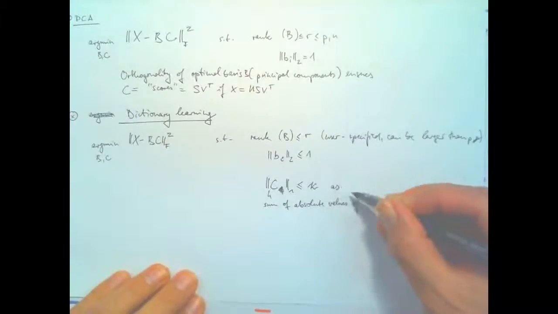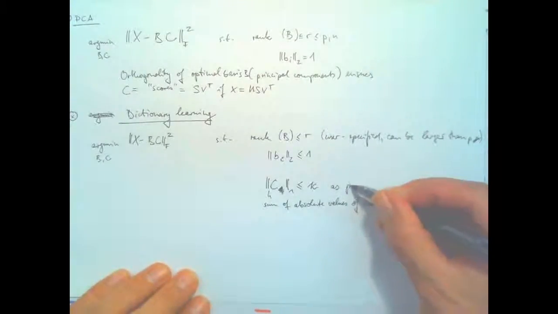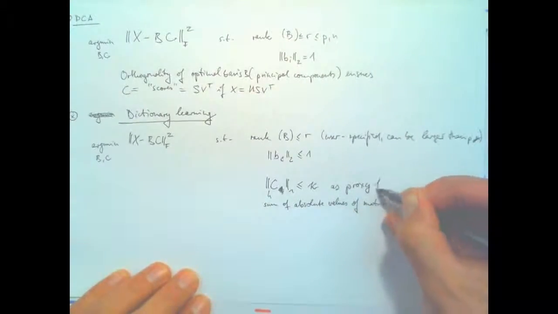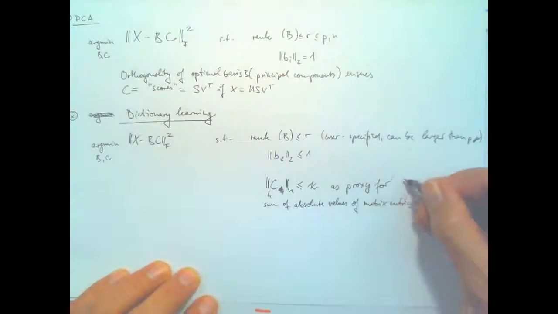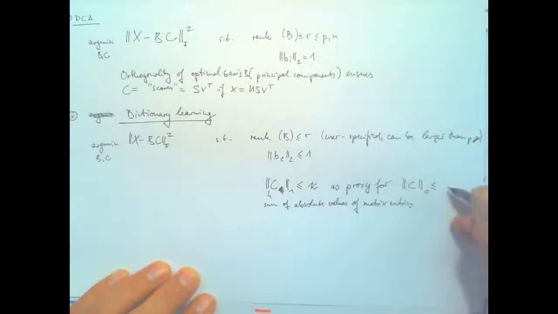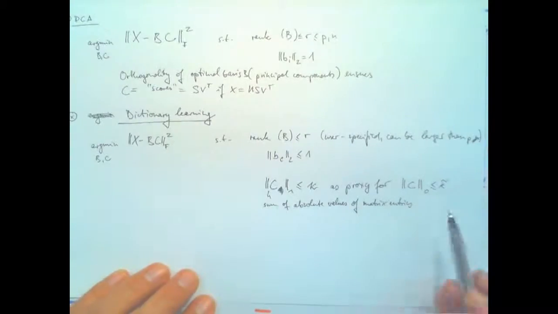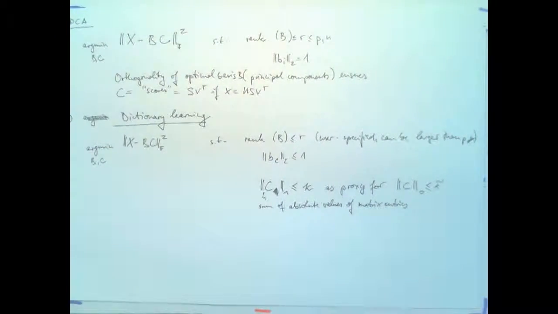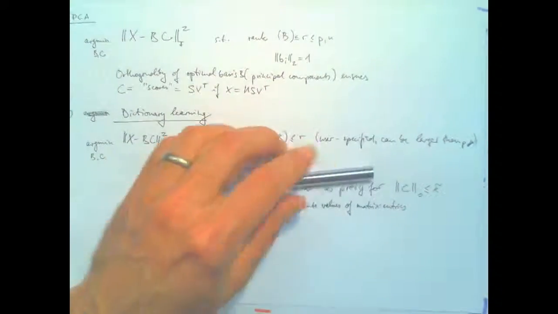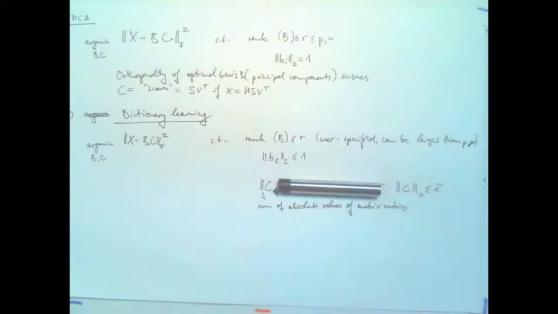This thing is used as a proxy for the following pseudonorm, let's say kappa tilde. So if I used this thing here, I would say that I give an upper limit on the number of non-zero coefficients in my coefficient matrix.